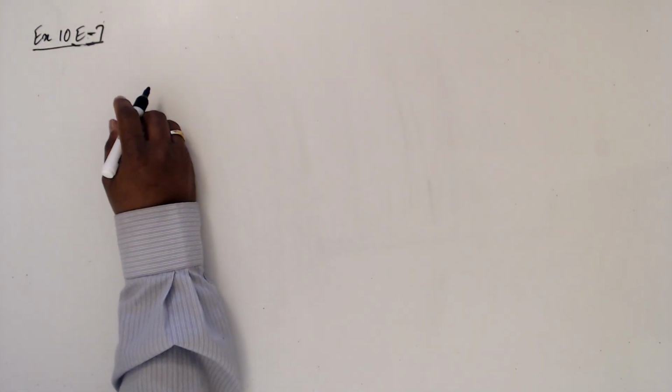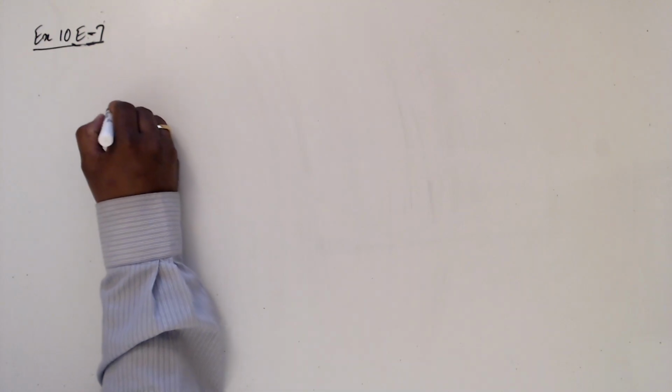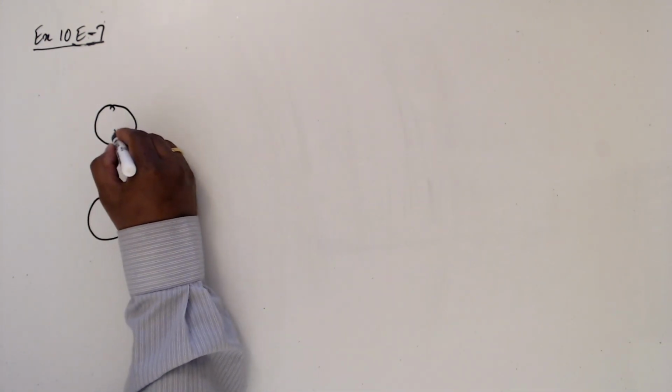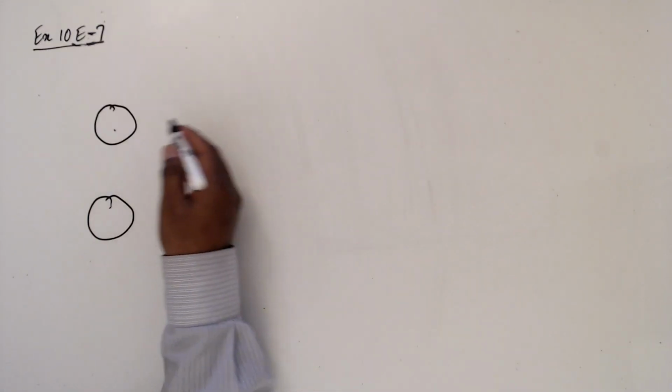Question number 7. Two particles A and B, of masses 6 and m kg, are connected by a light inextensible string, with particle B directly below. A force is applied upward. So this is the opposite of number 6. In number 6, we needed to find the acceleration.